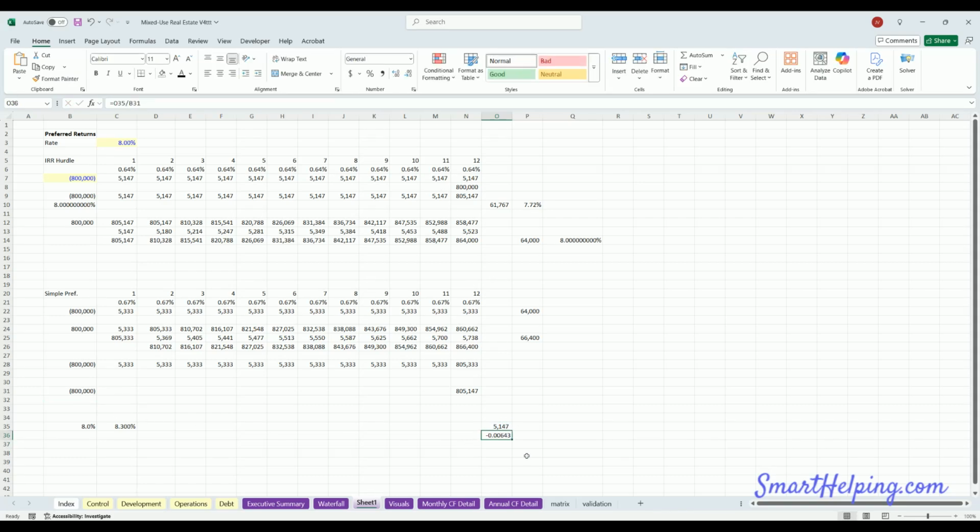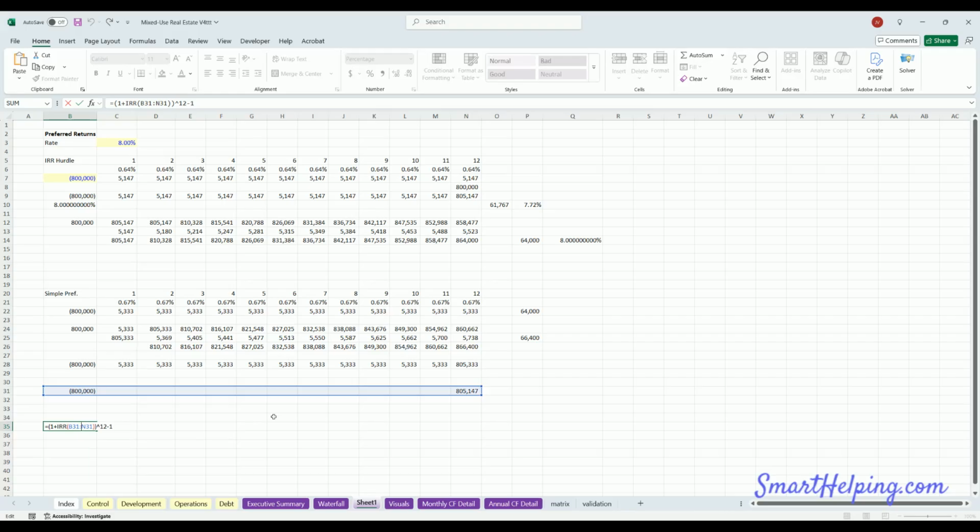Now how are we getting exactly 8% on this? Am I losing it? So this is one year's period. So if you're getting 5,000 back, this is your monthly IRR.